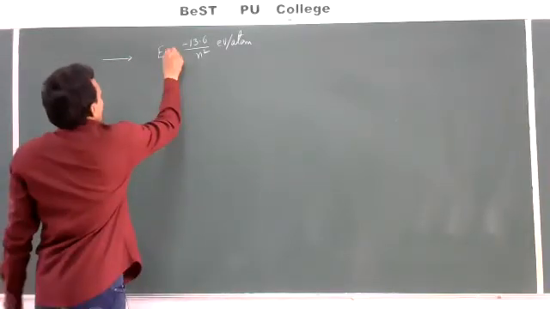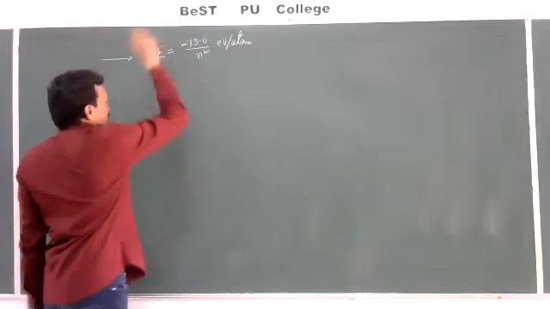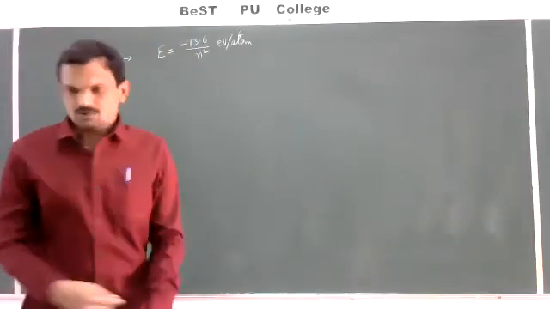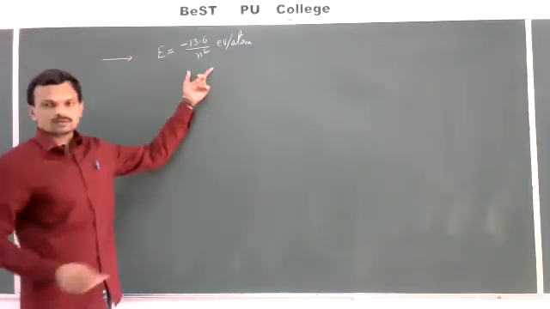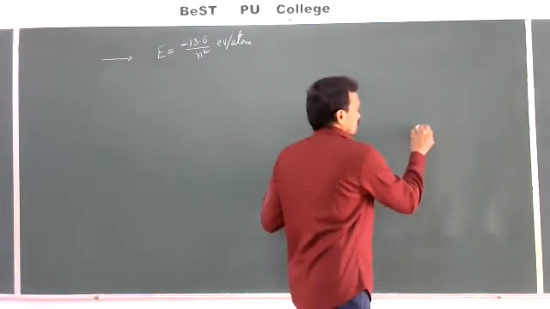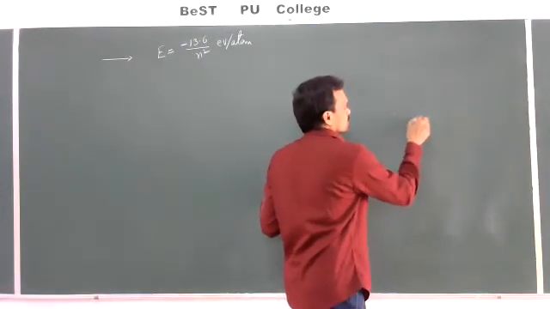So why have we taken a negative sign here for energy? Energy cannot be negative, but we have taken the energy of the electron as negative here. Why? I'll tell you here. See, this is the nucleus of the atom.